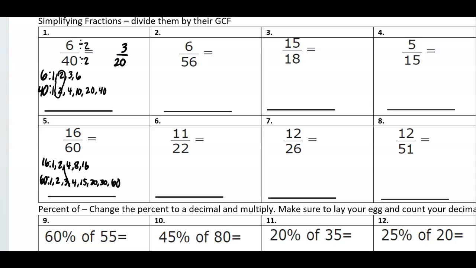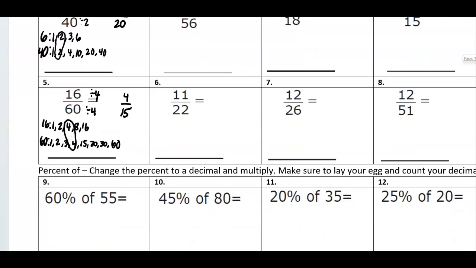So in this case, 4 is the greatest common factor, so divide both by 4, and you get 4 over 15, right? So really, productive struggle with those common factors. List them out if you need to.